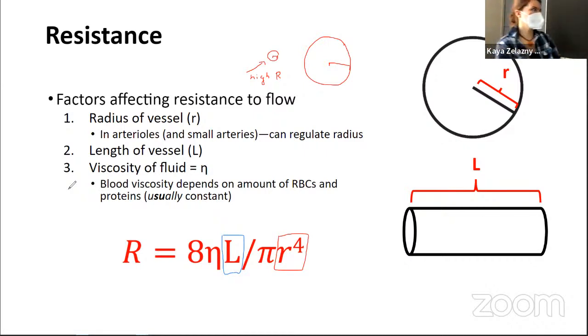Our third one is the viscosity of the fluid. Viscosity of a fluid is kind of like how thick and sticky it is. So if we increase the viscosity, the resistance is going to go up or down, increase or decrease?